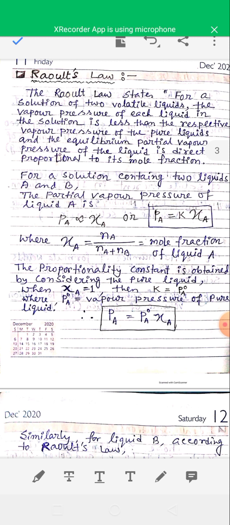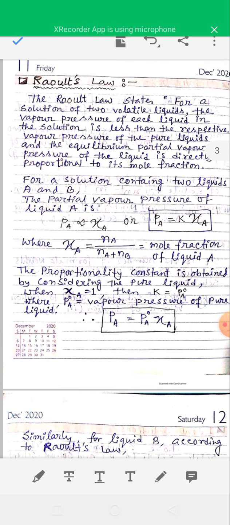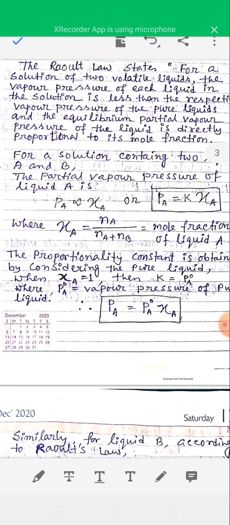According to Raoult's law, for a solution of two volatile liquids, the vapor pressure of each liquid in the solution is less than the respective vapor pressure of pure liquids, and the equilibrium partial vapor pressure of the liquid is directly proportional to its mole fraction.